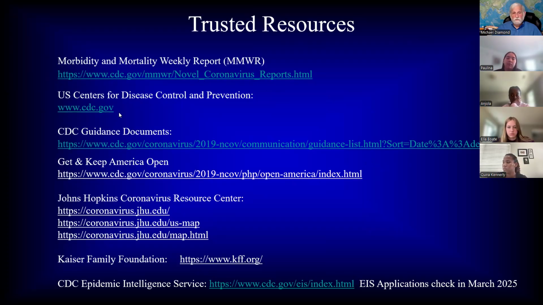I still would encourage you to look at the cdc.gov, but I have to tell you that you can only look at that site now with a little bit of skepticism. You can no longer trust the information on the CDC site. You have to get it confirmed from some other sites as well. Even their guidance documents are no longer appropriate because they're very inconsistent and they're very political.